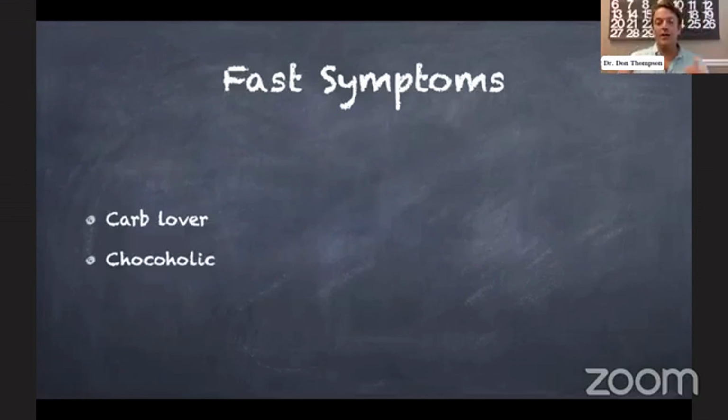Carb lover and chocoholic. Here's where the chocoholic comes in. Chocolate is a great dopamine mimic. And if you've got this gene and you're a chocoholic, or if you're a chocoholic and you don't know you have the gene, you need to get the gene tested, because you may have a reduction in that dopamine, because your body's constantly trying to get that stimulus, right?